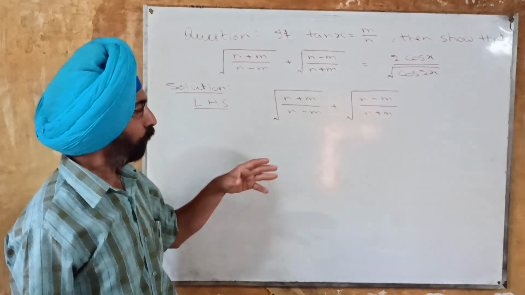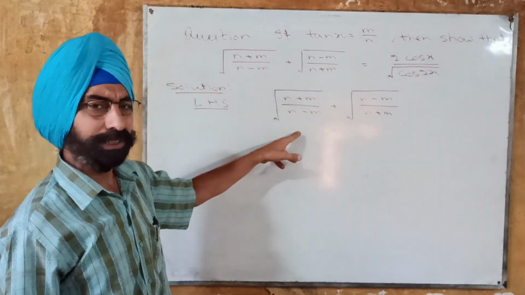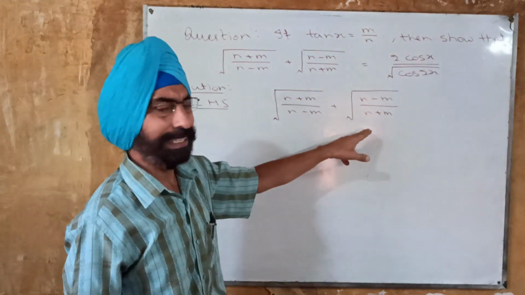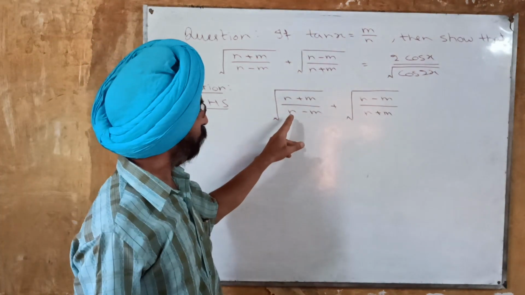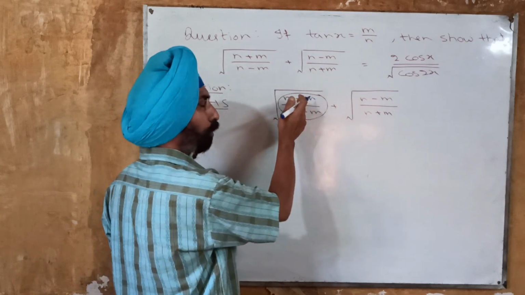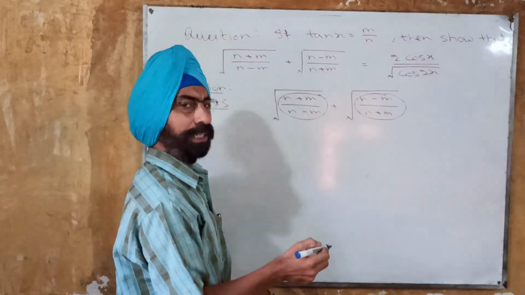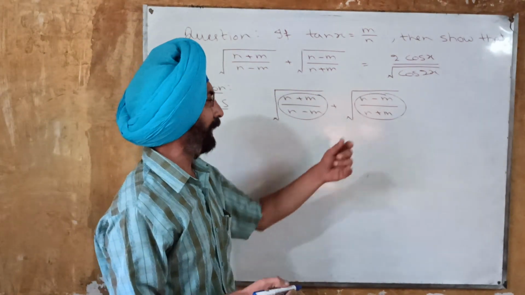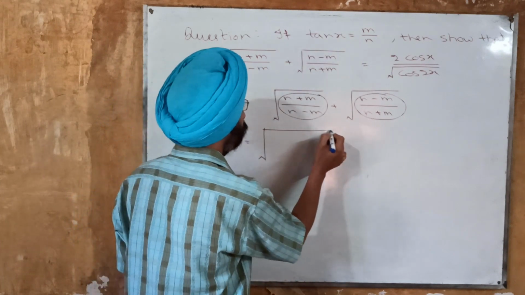So what we will do, we will divide each and every term of the first expression as well as of the second expression by n.